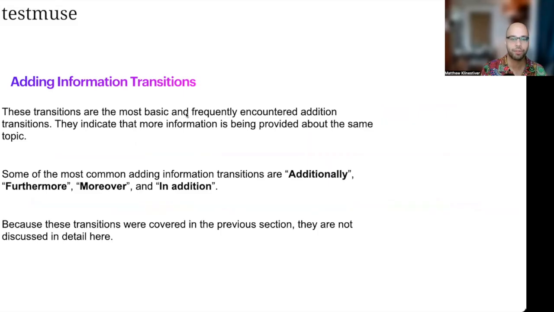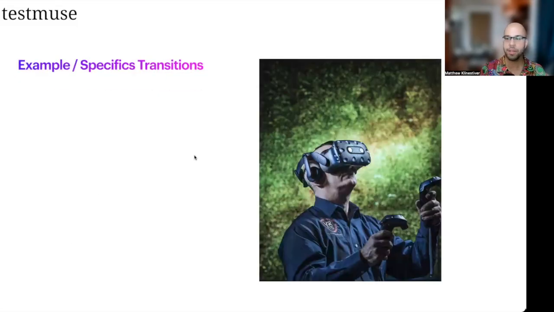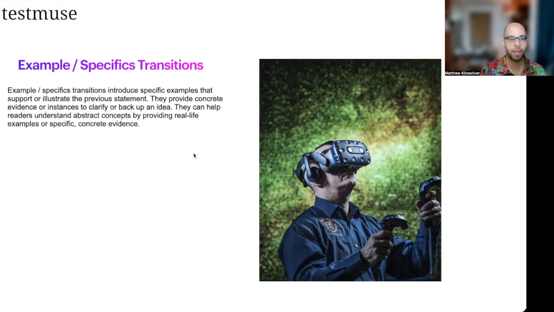Adding information is our broadest group and our simplest group, and we've already talked about those. So I'm not going to go into detail on those here. Let's go into example and specifics transitions. So our example transitions just give us a way of indicating that we're providing support for the information in the previous sentence or illustrating that information, right?